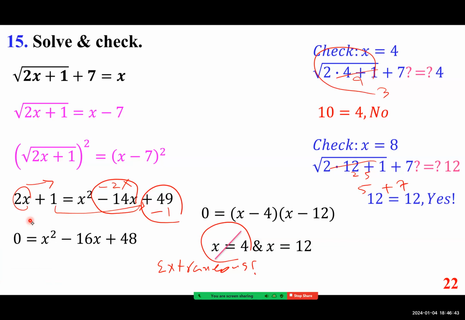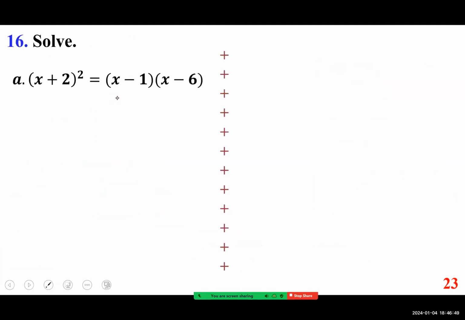So a root function, you have to check. And the very first step is isolation. (x plus 2) quantity squared equals (x minus 1) times (x minus 6). And if we want to solve this, we have to simplify each side by raising the first side to the power of 2, which gives you x squared plus 4x plus 4.